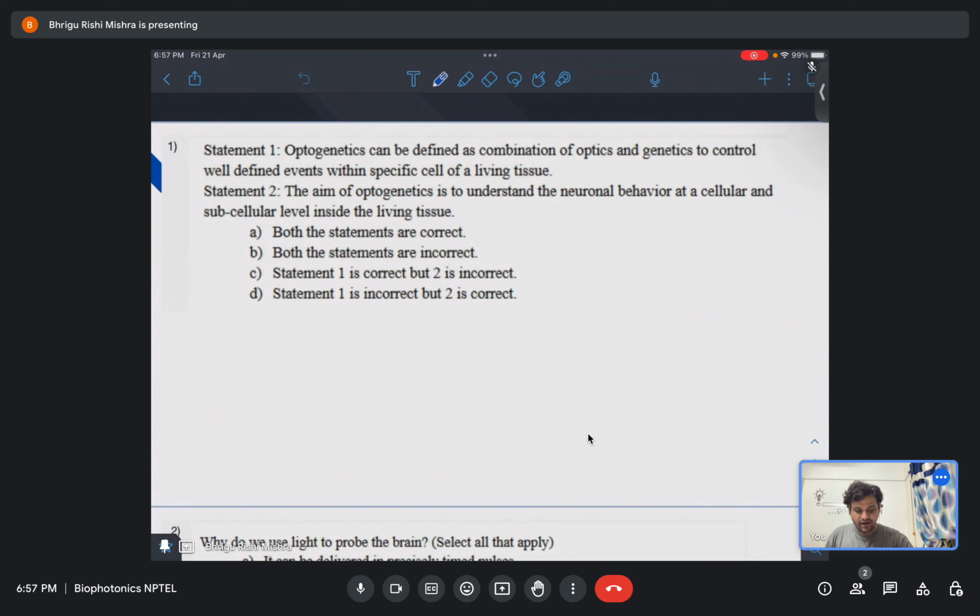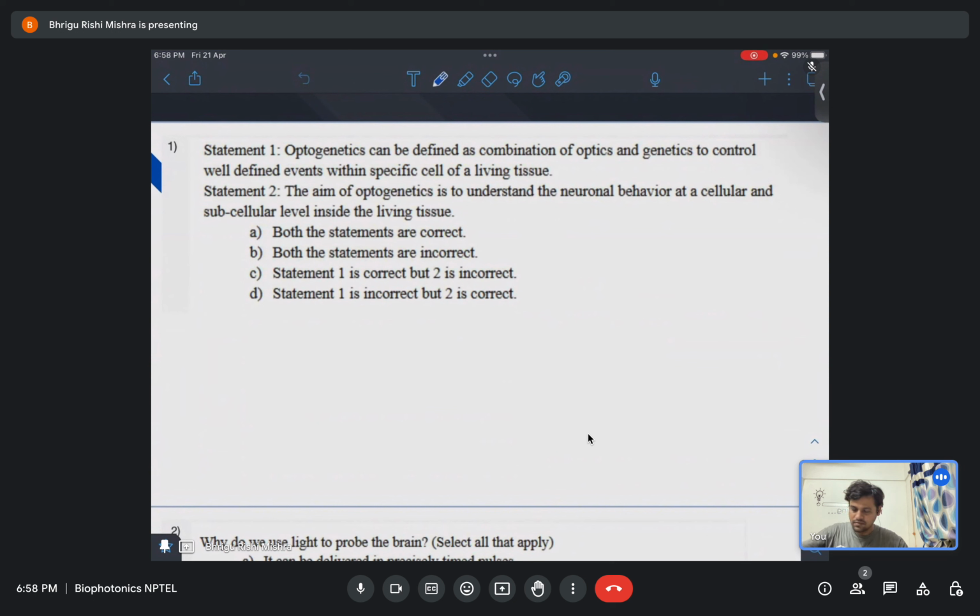Optogenetics can be defined as a combination of optics and genetics to control well-defined events within specific cells of a living tissue. And statement 2 is, the aim of optogenetics is to understand the neuronal behavior at a cellular and subcellular level inside the living tissue.